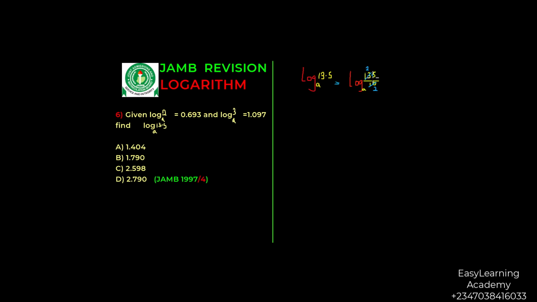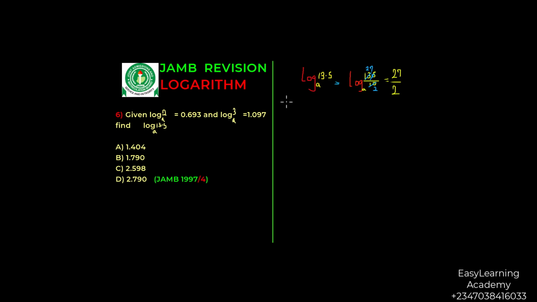Add that 3 to 5, that gives 35. 5 comes into 35 7 times. So what we now have as a fraction is 27 all over 2.